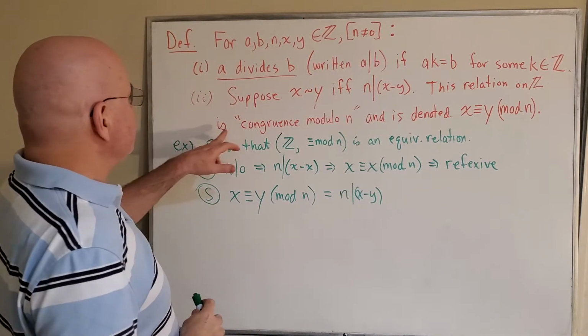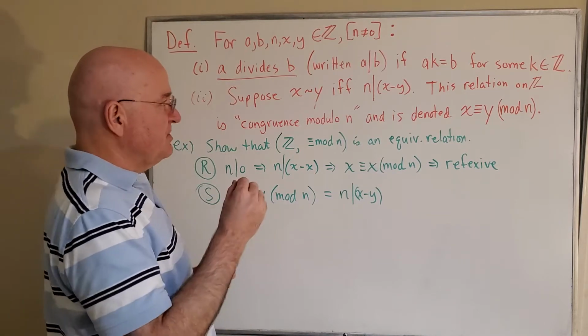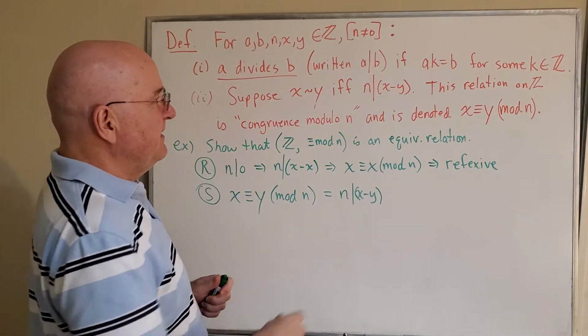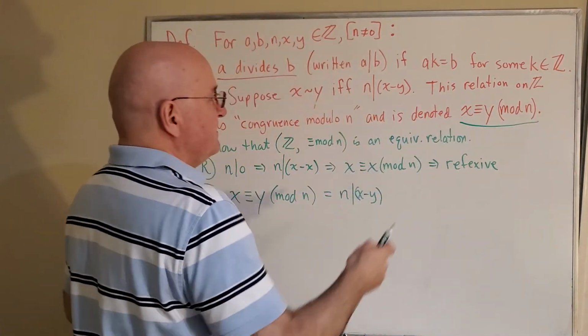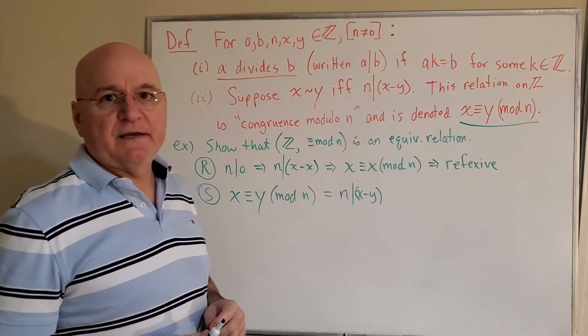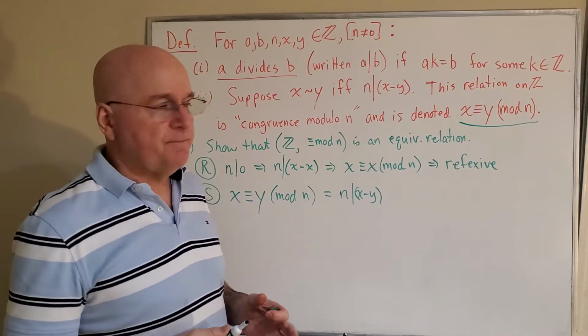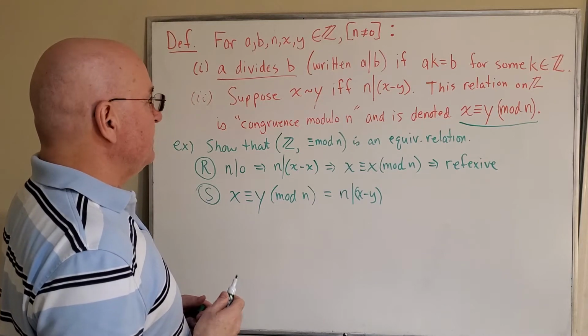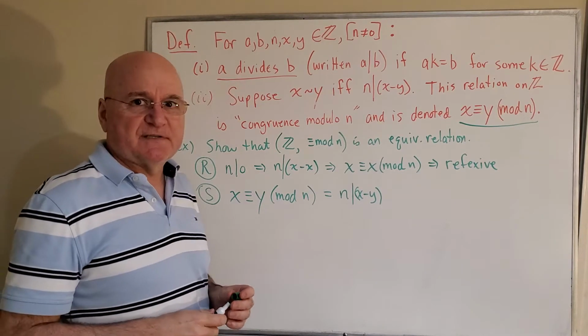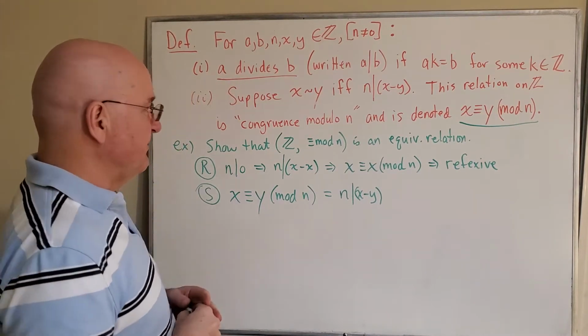This relation on Z is called congruence modulo n and is denoted as this. This says x is congruent to y modulo n. We'll do some examples that will explain that better if you haven't seen this before.